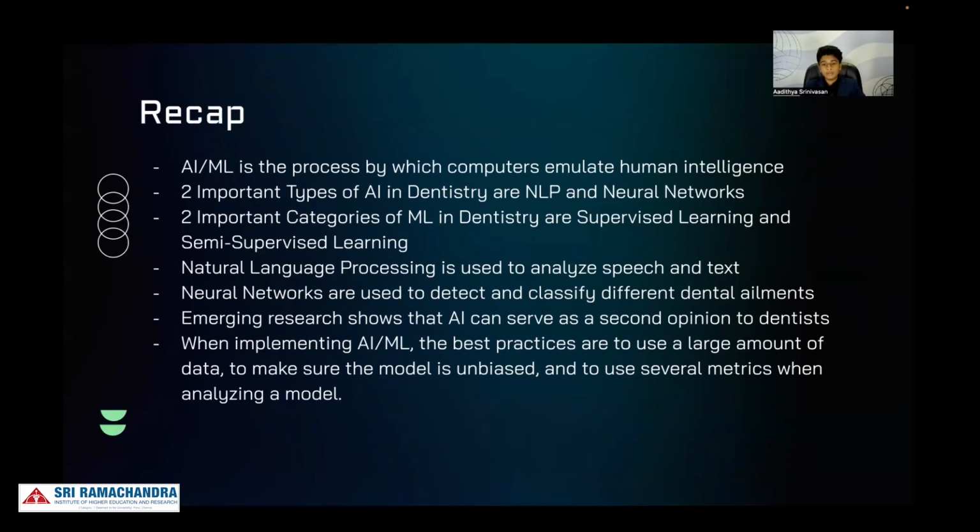Natural language processing is used to analyze speech and text, while neural networks are used to detect and classify different dental ailments. So, emerging research shows that AI can eventually serve as a second opinion to dentists across a variety of different items. And when implementing AI and ML, the best practice is to use large amounts of data, make sure the model is unbiased, and that it is not overfitting on your training data.